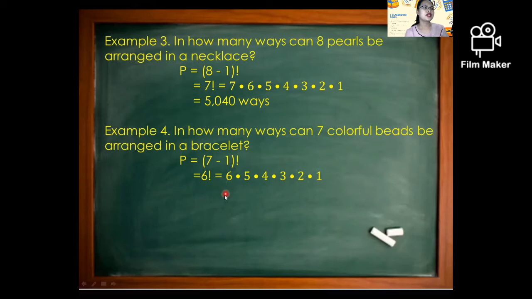So 6 times 5 is 30. Times 4 is 120, times 3 is 360, times 2 is 720. So there are 720 ways to arrange 7 colorful beads in a bracelet. Okay?